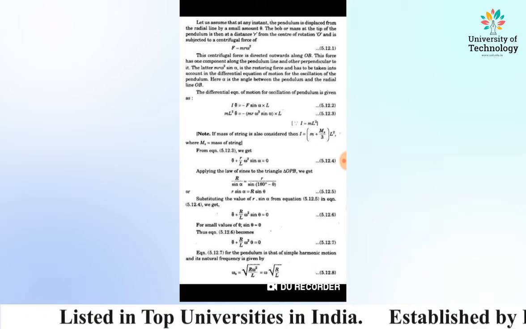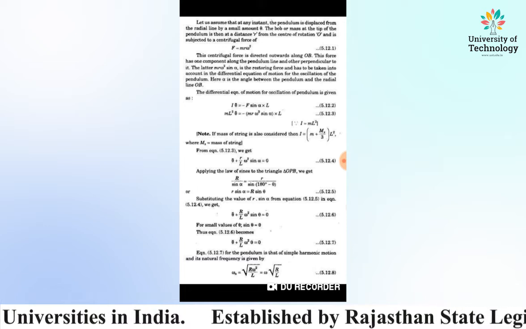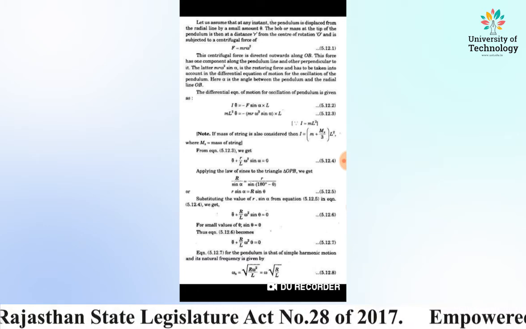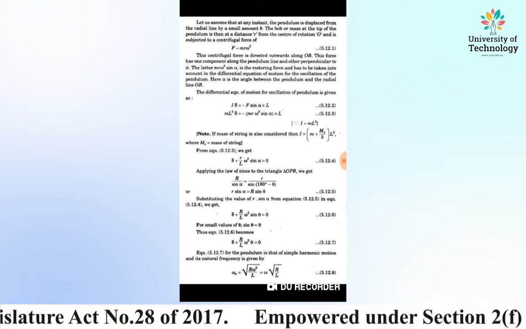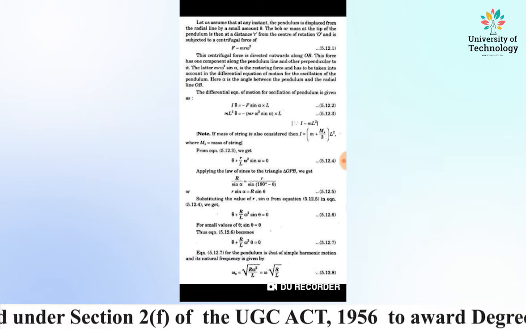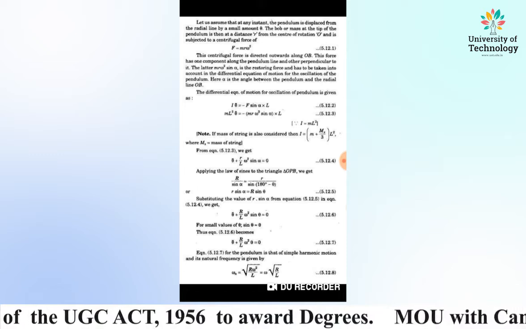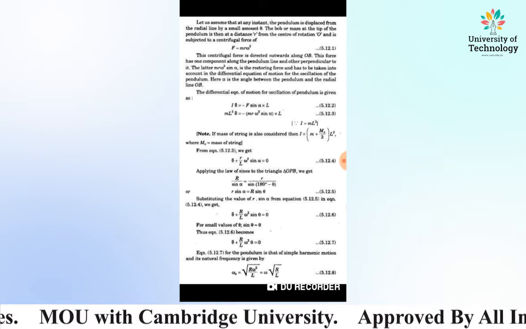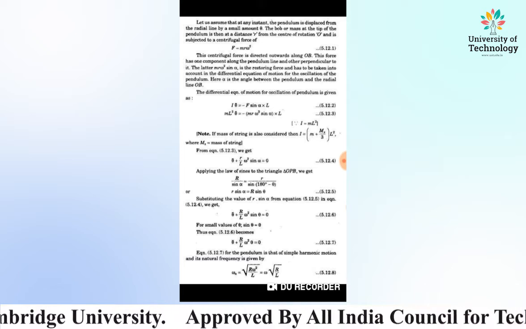Let us assume that at any instant the pendulum is displaced from the radial line by a small amount theta. The bob or mass at the tip of the pendulum is then at a distance r from the center of rotation O and is subjected to a centrifugal force F equal to m omega square r.